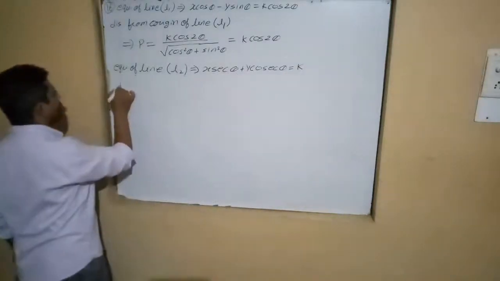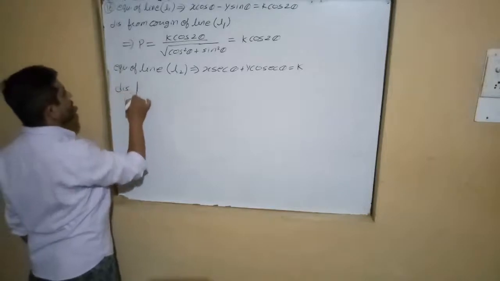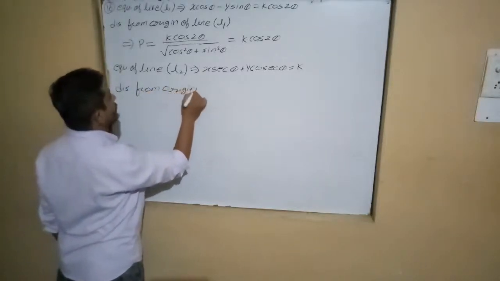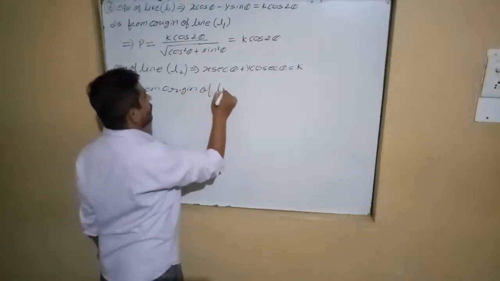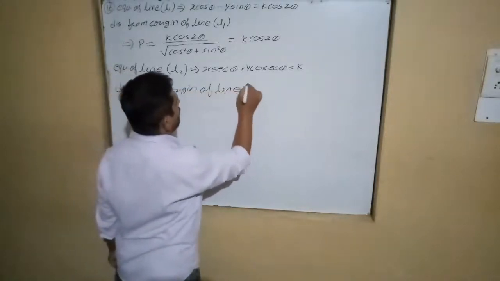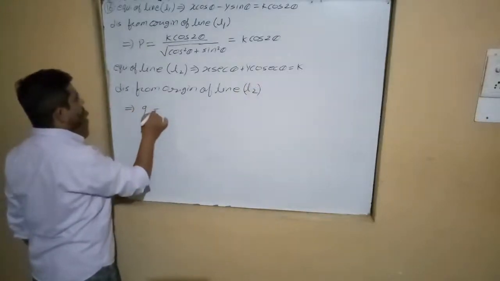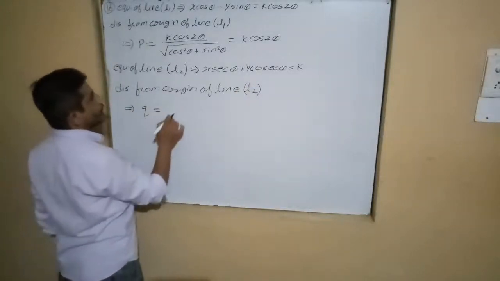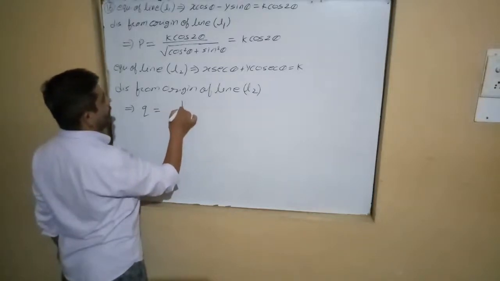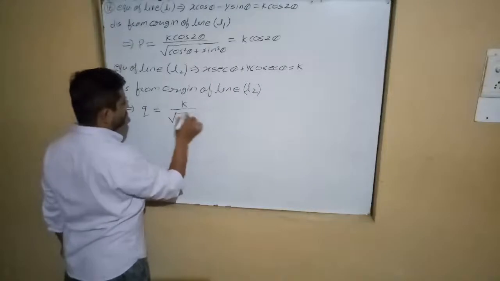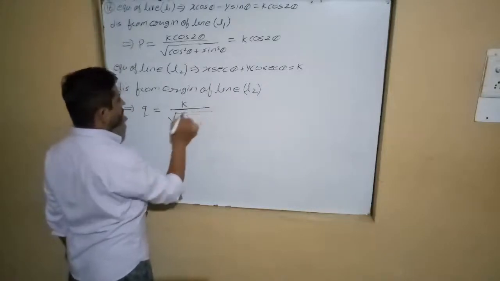Again we write the distance from origin of line L2, denoted as Q. Q is equal to c, c is equal to what? k upon root of a square plus b square.